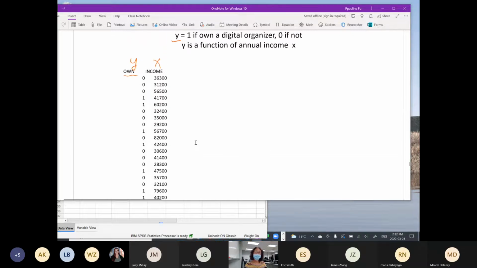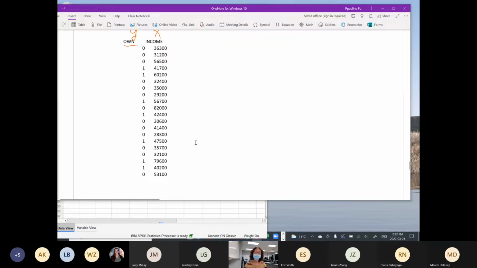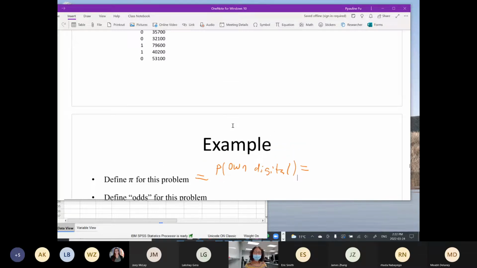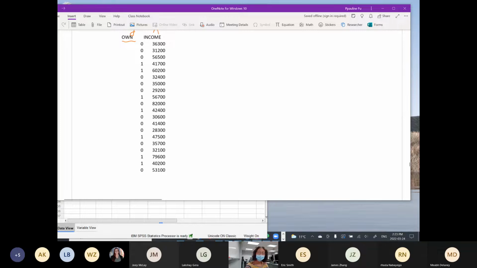So let's define pi for this problem. Pi represents the probability of owning a digital organizer. So how do I know the probability? You count. How many total samples here? So total we have 20 people. And how many of them own the digital organizer?